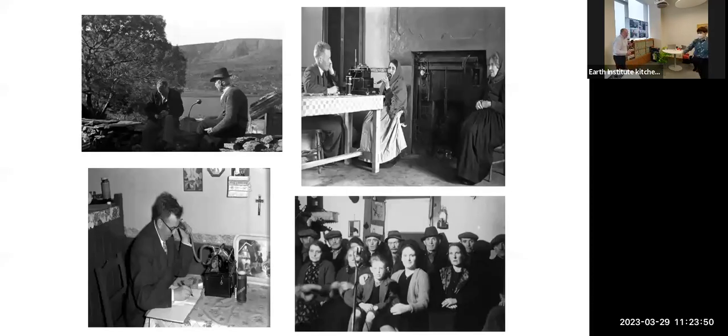Just very quickly, a little bit of background. The National Folklore Collection, which is in the Newman building on the ground floor, just inside the rear door, and we're open Monday to Friday. It contains the collections started by the Irish Folklore Commission in the 1930s.